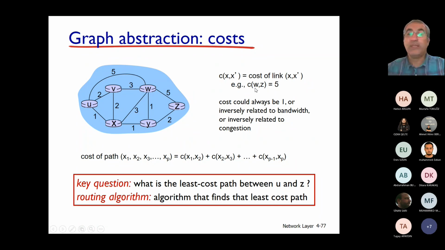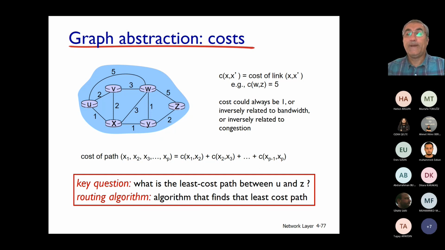For instance, let's look at the cost of the link between node W and node Z. This is node W, this is node Z. So based on the given information, c(w, z) is equal to 5, right?